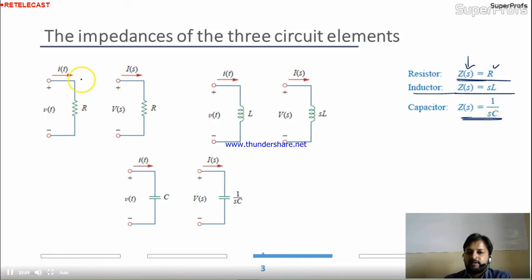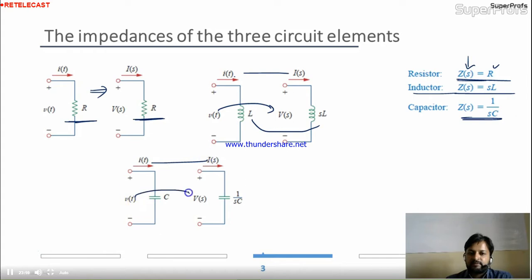The circuit is like this. Now this is the inductor circuit, iT in L. So you are converting into the Laplace. vT will become VS, iT will become IS, L becomes SL. iT becomes IS, vT becomes VS, C becomes 1 by SC. We have seen this. Is it okay?